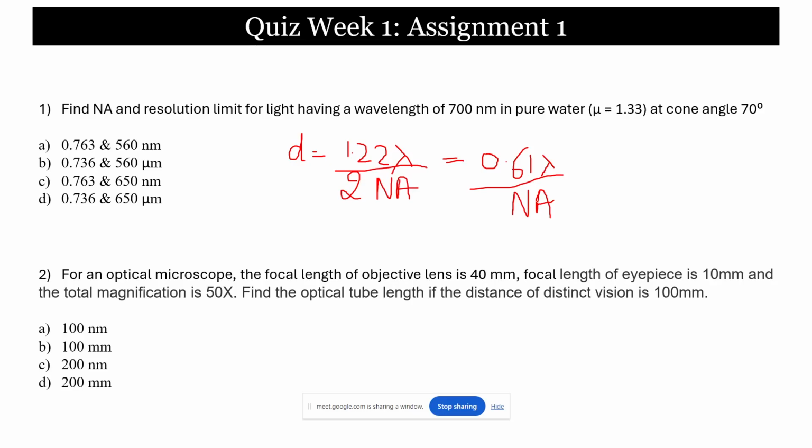So it will come around 559.6, so that will be around 560, and the unit will be nanometer only, because numerical aperture doesn't have any unit, and 0.61 is just a numerical constant. So the dimension of this resolution will be equal to the dimension of the wavelength. So the correct option will be option A, 0.763 and 560 nanometer. Any doubts, or is it clear now?